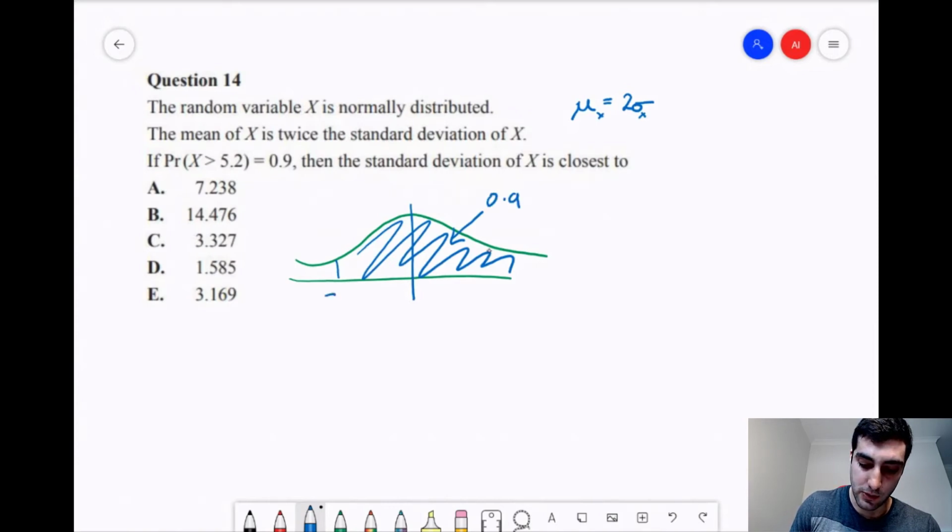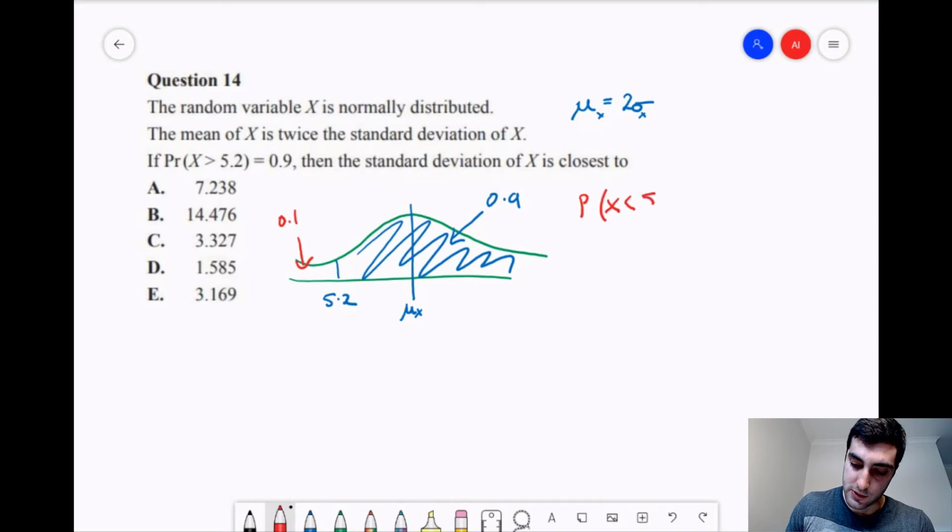So this would be 5.2 here, and this is our unknown mean of X. What we also know from this is that this area here must be 0.1. In other words, the probability that X is less than 5.2 is equal to 0.1.